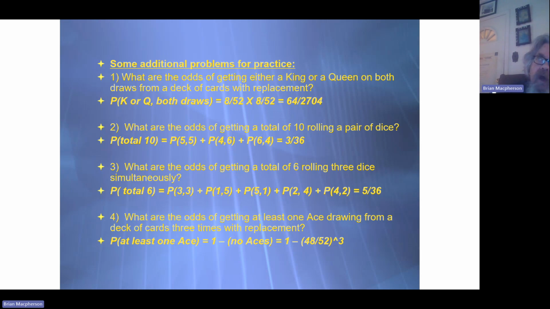So it'll be 40 over 52 times 40 out of 52 times 40 out of 52. If there's no replacement, it'll be 40 out of 52 times 39 out of 51 times 38 out of 50.